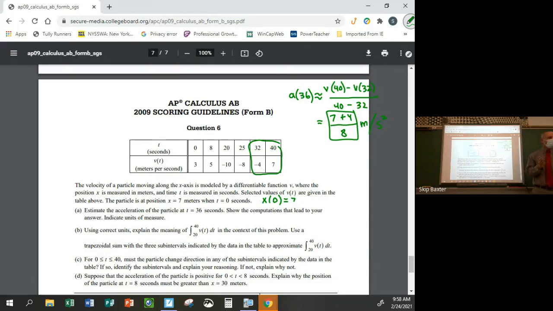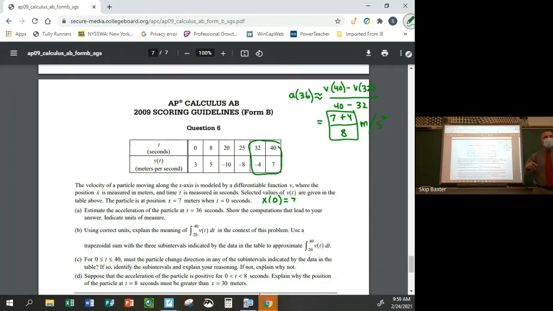Sort of. Change of what? Position. So what's the word that we have that means change of position? No, it starts with a D. It ends with displacement. Displacement. So this is the displacement of the particle from 20 to 40. That would be the best way to write it.